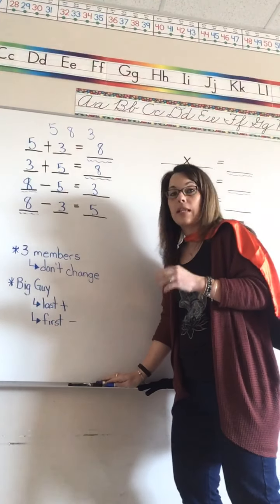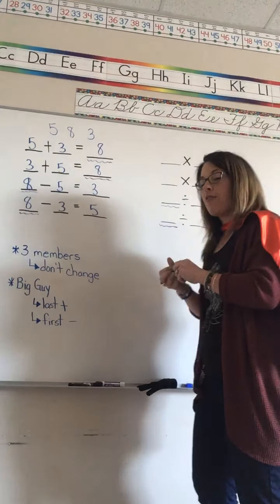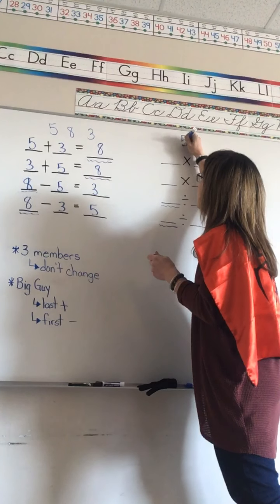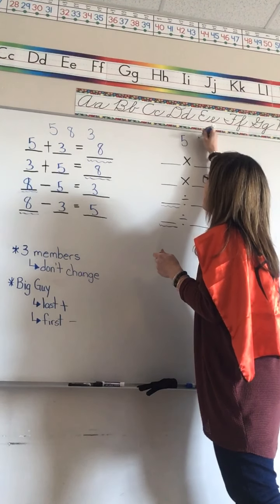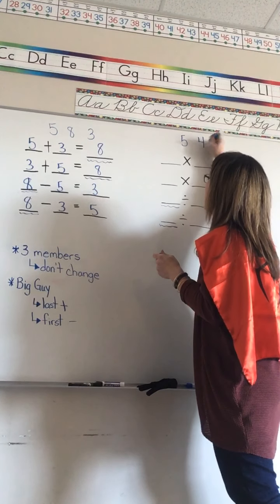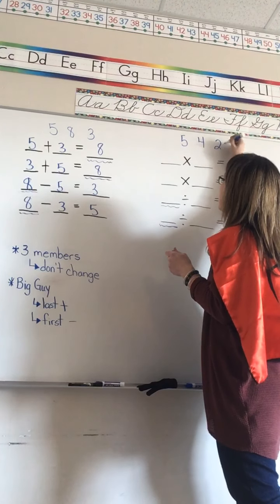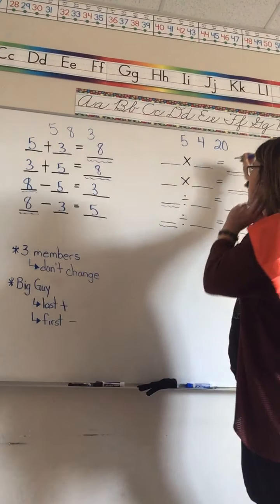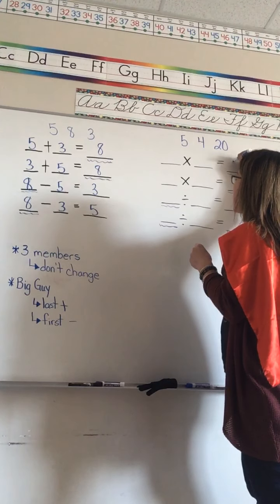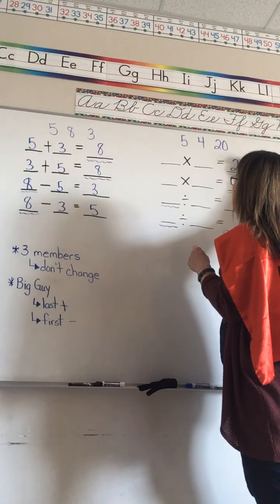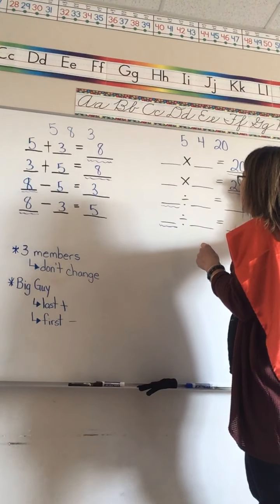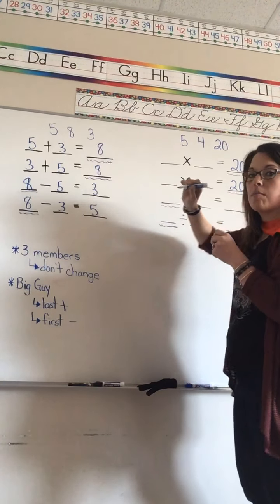So, let's practice. If we had 5, 4, and 20. Well, we know the big guy goes last for our product. So 20, and then we're going to switch them around.